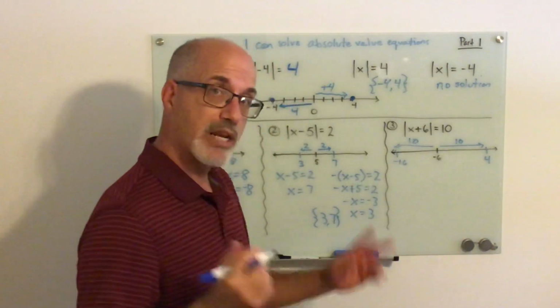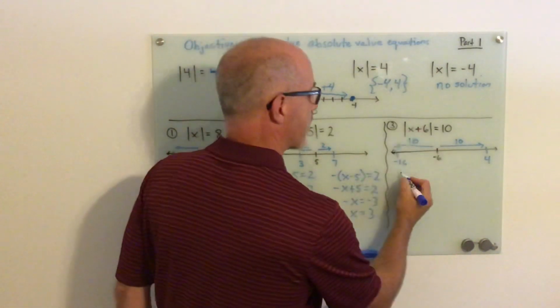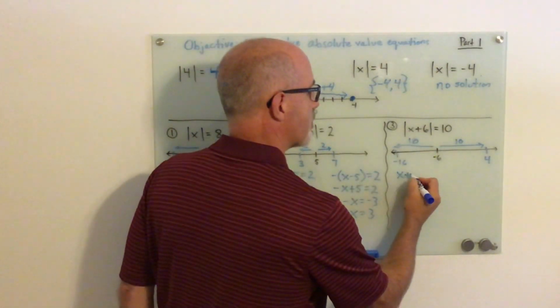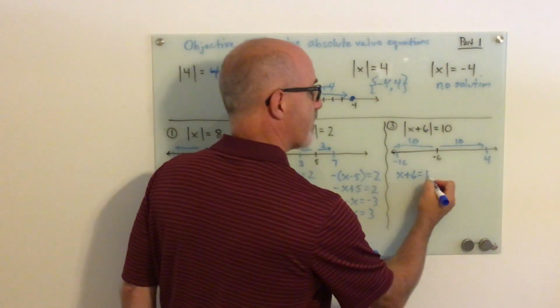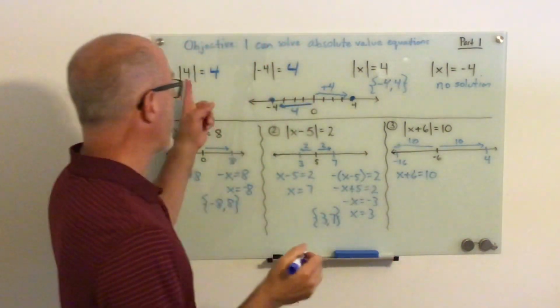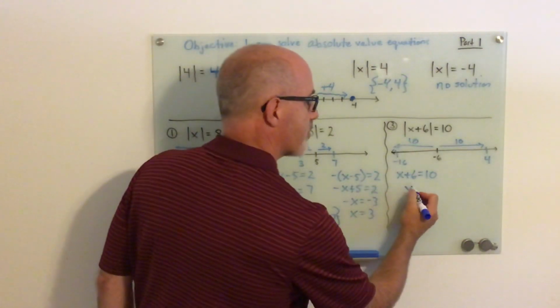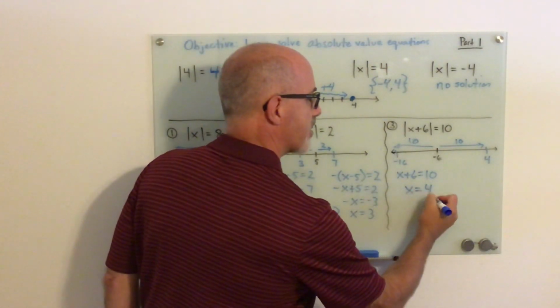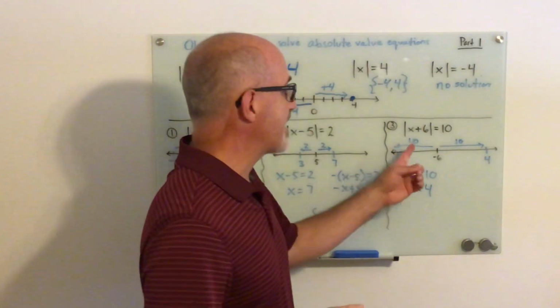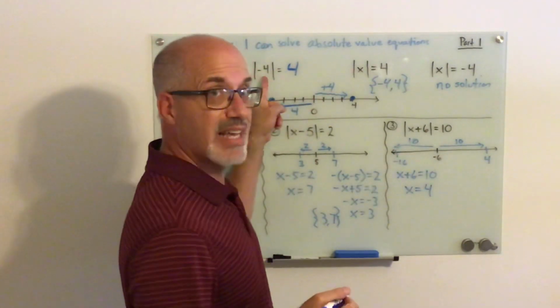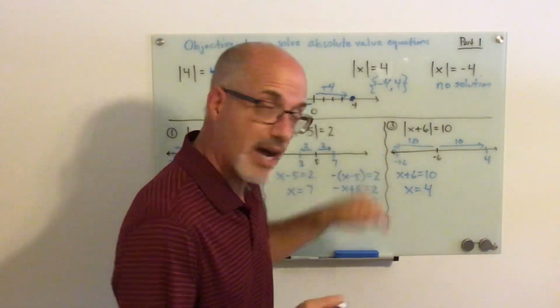Let's do it algebraically with our two cases. First case, you just write it without the absolute value. So the absolute value in one case does absolutely nothing. And so we subtract 6 from both sides and we get x equal to 4. And then the second case is whatever's inside there, we make it into its opposite.